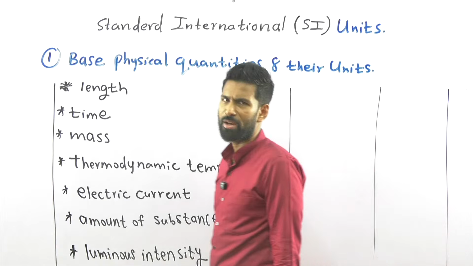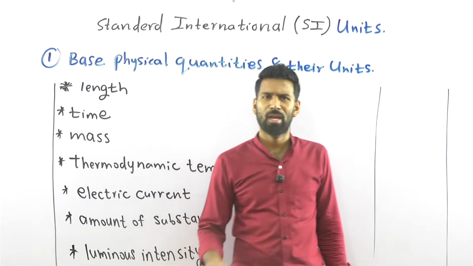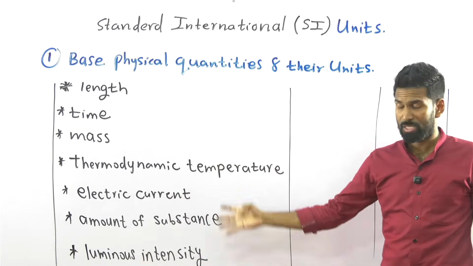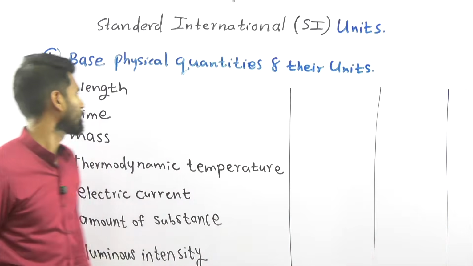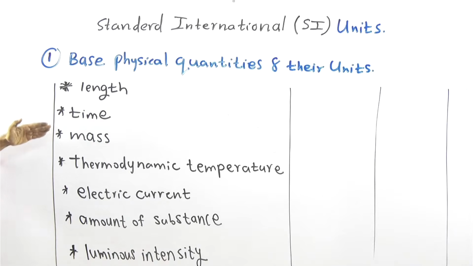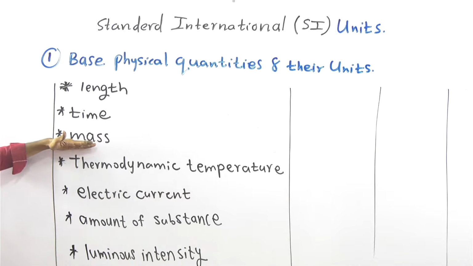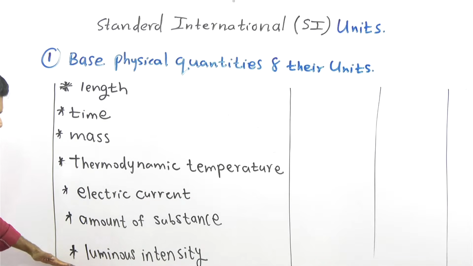I haven't explained what a base physical quantity is yet, but I have told you there are 7, and I asked you to write them: length, time, mass, thermodynamic temperature, electric current, amount of substance, and luminous intensity.